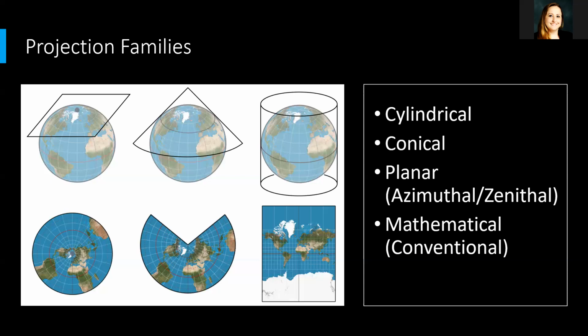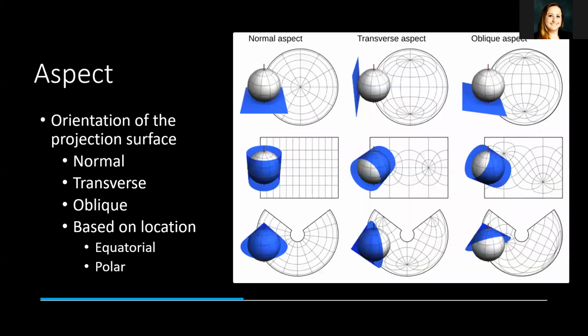Before I delve further into the different projection families, we need to go over some of the new terminology about the placement of the globe relative to the projection light and surface. Aspect is the orientation or angle of the projection surface in relation to the globe. The three aspects are normal, transverse, and oblique.